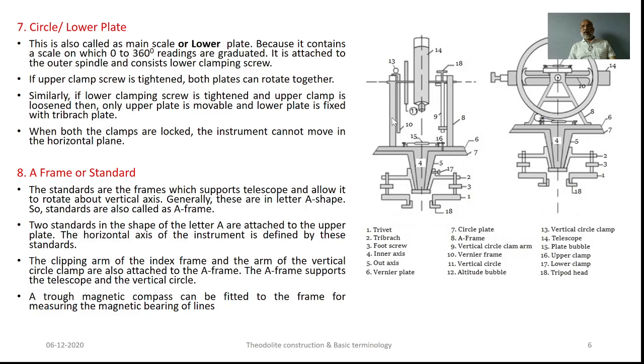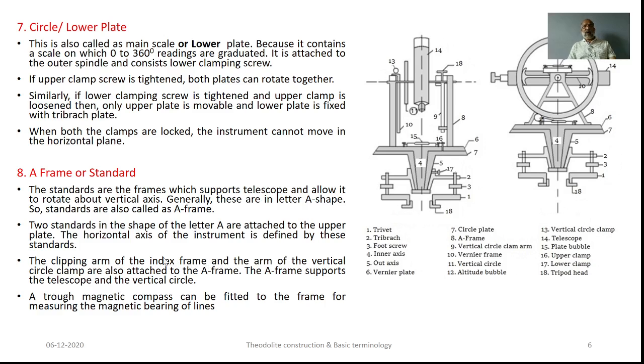The next part that you see in the form of these vertical bars is nothing but a frame or standard. The standards are the frame which supports the telescope and allows it to rotate about the horizontal axis. Generally, they are A shaped, that's why it is called the A frame.